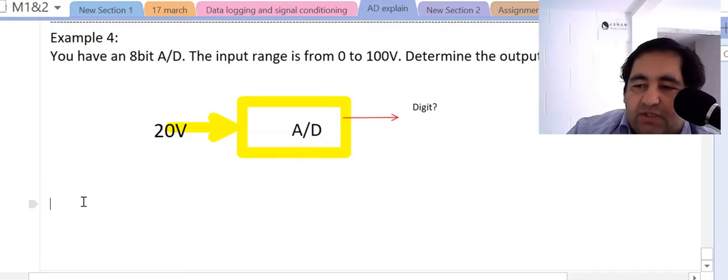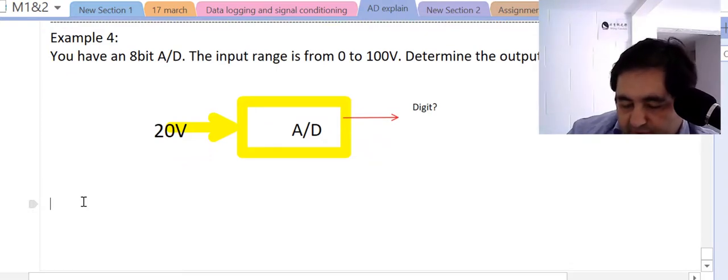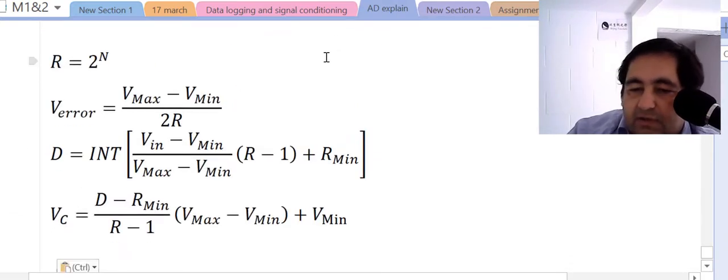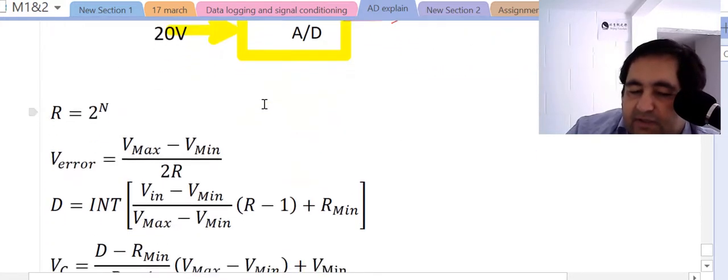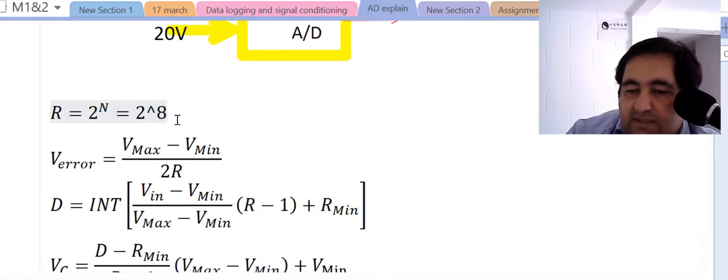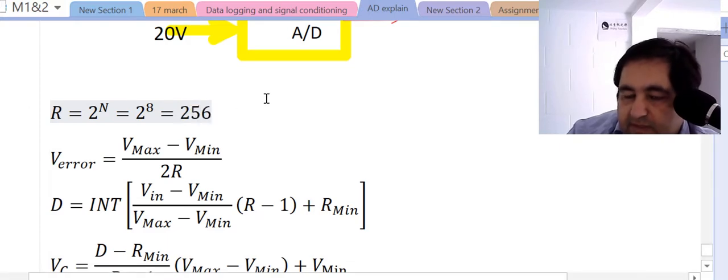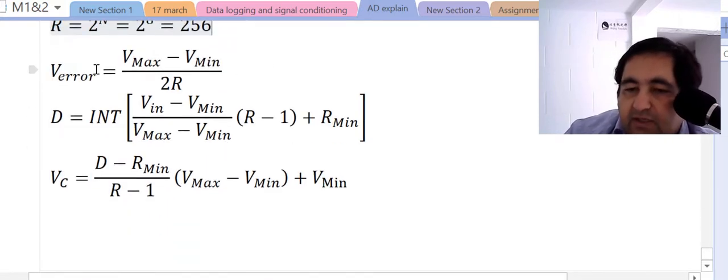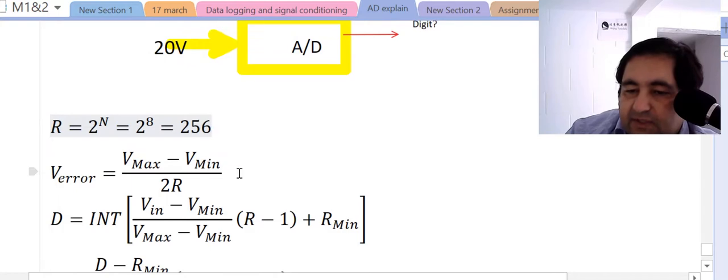So what I do again for this question, I go and look at my formula. Again, I have the resolution. Resolution equals 2 to the power n, because I said 8, so n is 8, so it's going to be 256. Now V error, I didn't ask for V error, so I can be selective here.